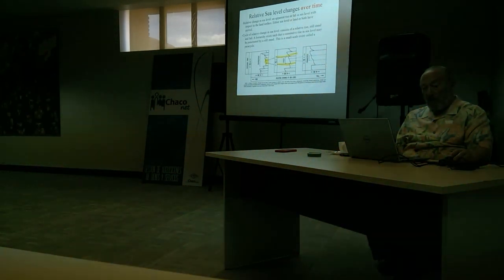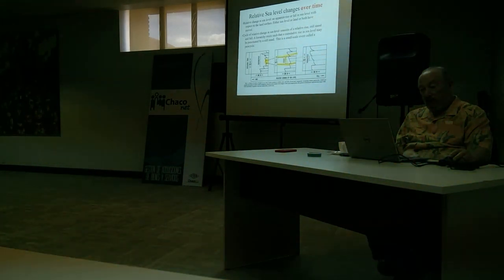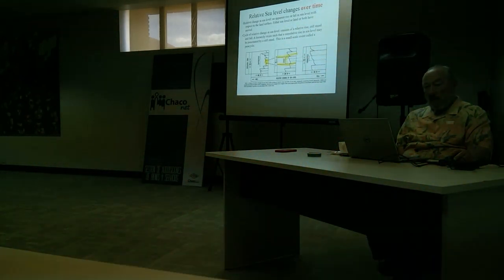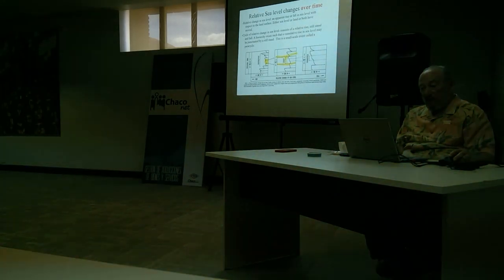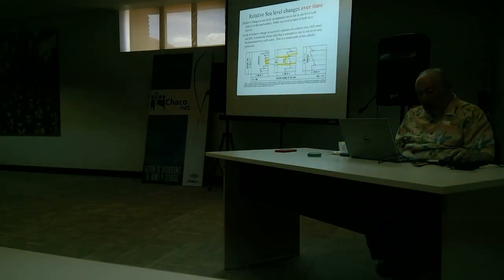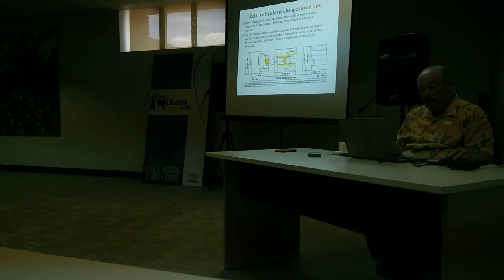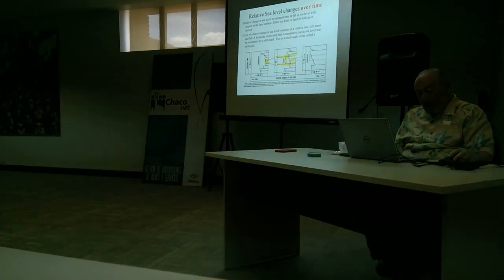So overall, you've got a rise in sea level or a transgression. Okay. But within that, you've got a higher frequency of cyclicity, a little rise, then a fall, a little rise, then a fall, a little rise, and then a fall to sea level.